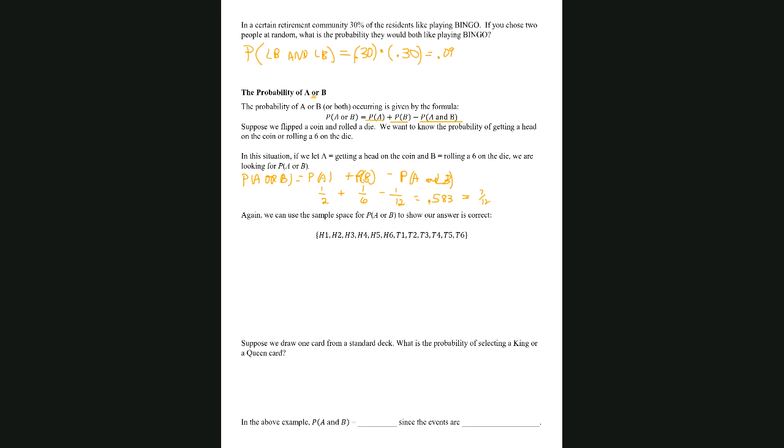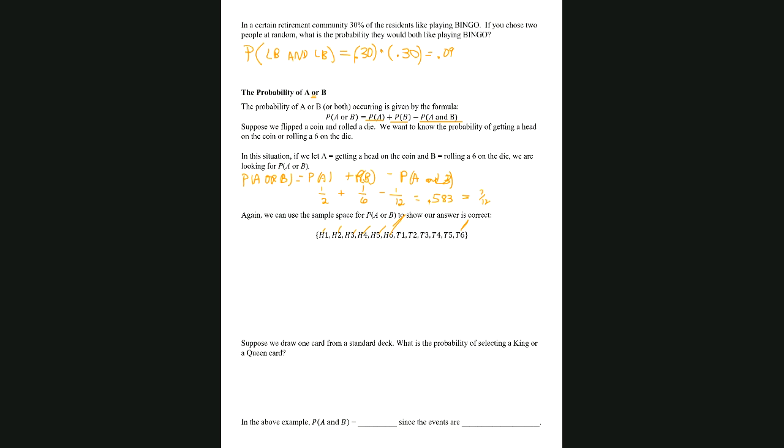So what I'm going to do is choose for my event anything that has a heads in it or a 6 in it, right? So this has a head, so that gets included. That one, that one, that one, that one. That one has both a head and a 6, so that one is definitely included. And then no heads or 6, no heads or 6, no heads or 6. Then that one has a 6 in it.